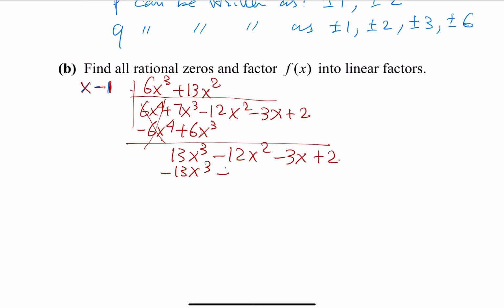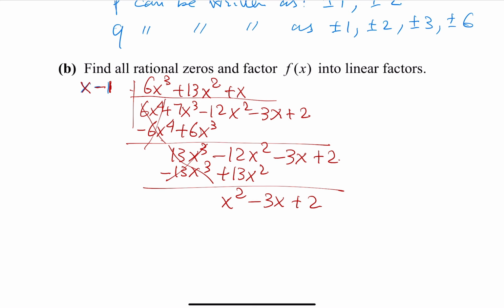Take the opposite sign, which is positive 13x squared. Now add them up. This one will cancel out, and then you have x squared minus 3x plus 2. Do the same thing. Which number do I have to multiply by x to give me x squared? Or you can just take x squared divided by x. That's a faster way. You have x.